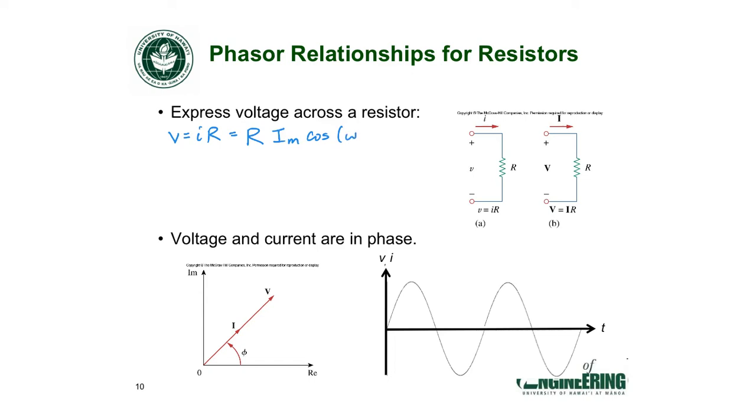So this is going to be my sinusoidal current. Okay, so that means that I can represent my current as a phasor. I sub m is the current magnitude, by the way. And by multiplying that current phasor by the resistance R, that will give me a phasor for the voltage across that resistor.